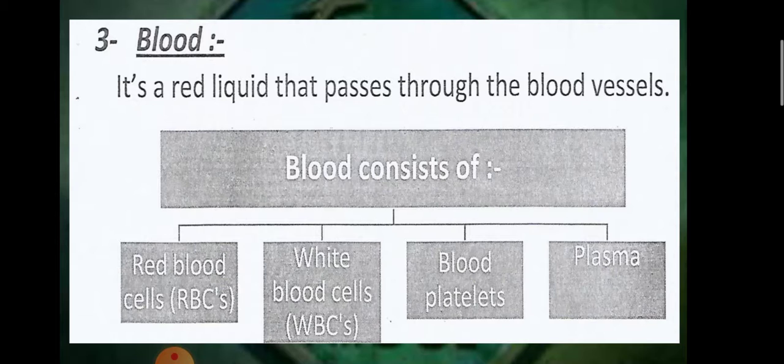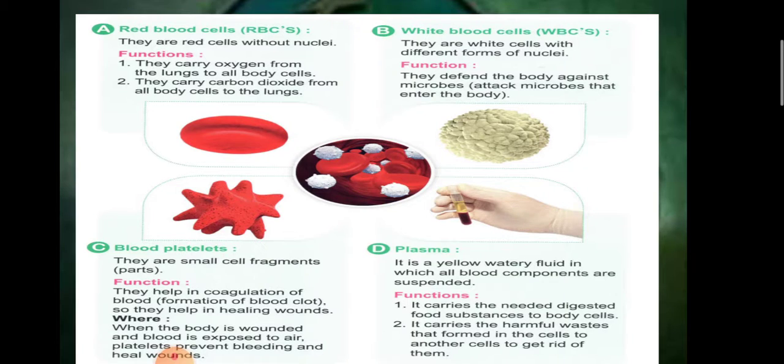We can find the red blood cells, or RBCs, the white blood cells, or WBCs, the blood platelets, and the plasma. So our blood has 4 components, which are, again, red blood cells, or the short word is RBCs, white blood cells, or WBCs, the blood platelets, and the plasma.